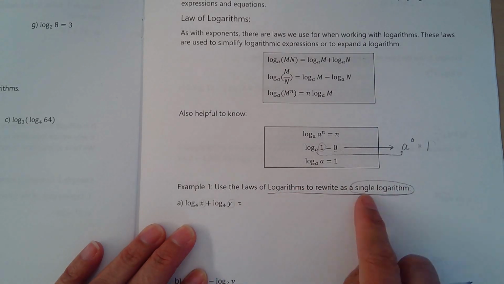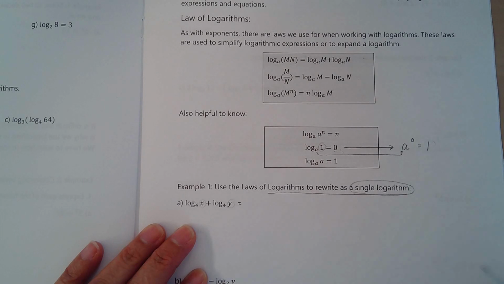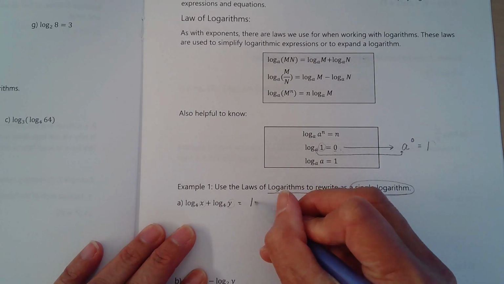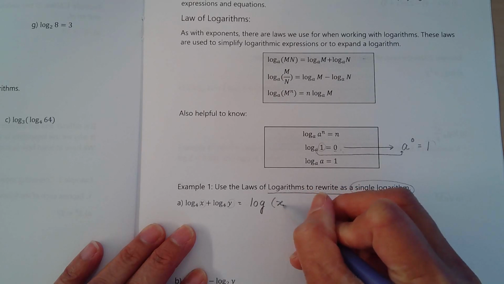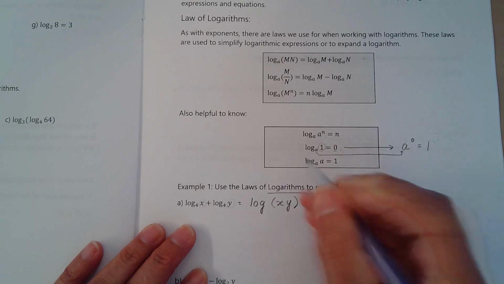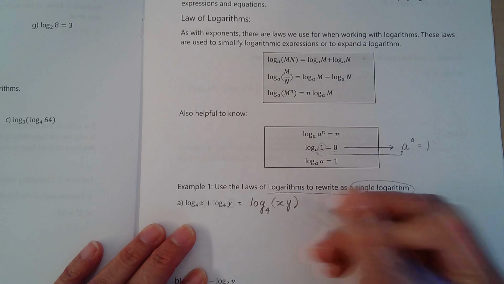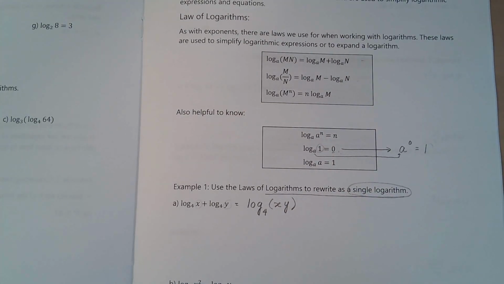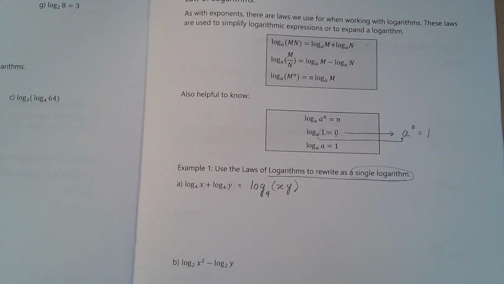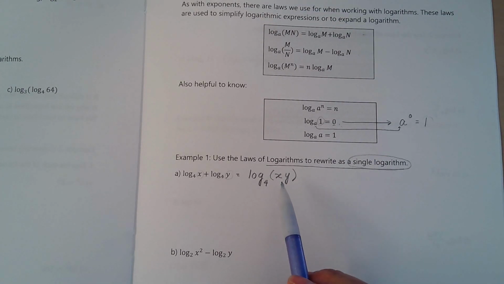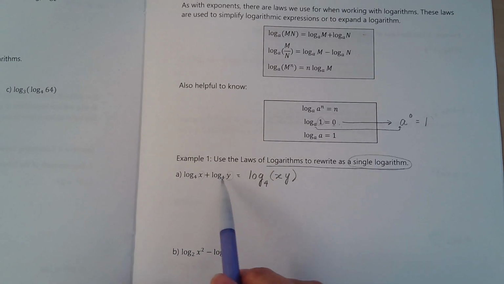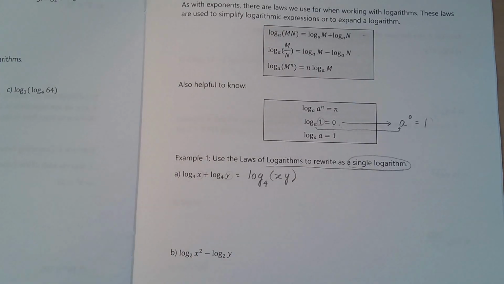So if we were to write this as a single logarithm, it would be log of x times y with base 4. Because if we multiply things together with power, we add the exponents, and these are the exponents.